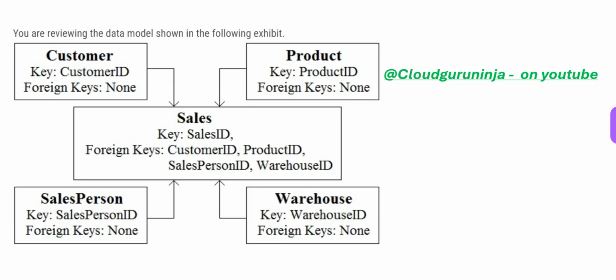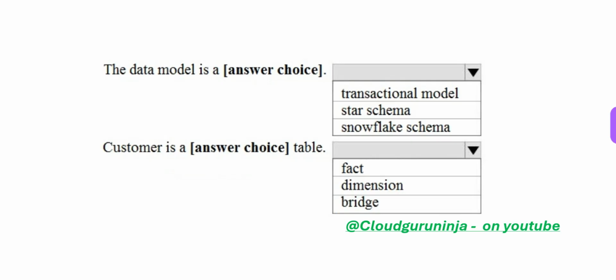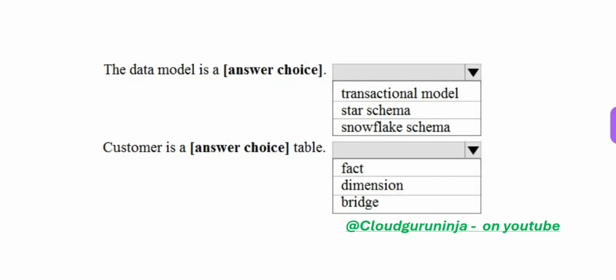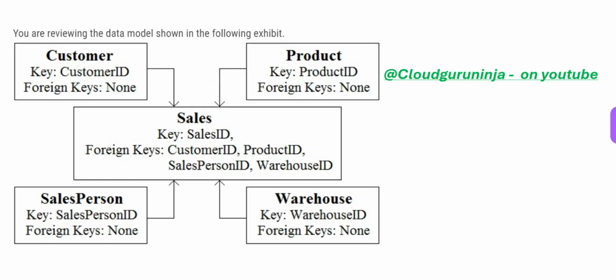See, you have this data model: customer, product, sales, salesperson, warehouse. This data model is in which format? This is a star schema, right? It is very evident. It is in the shape of a star. One table is linked to so many other tables. And customer in this case is this table.